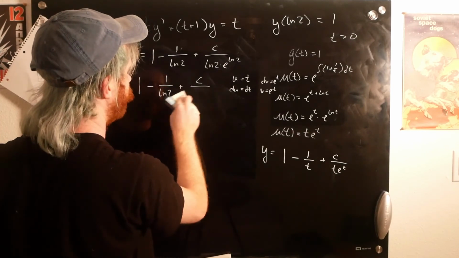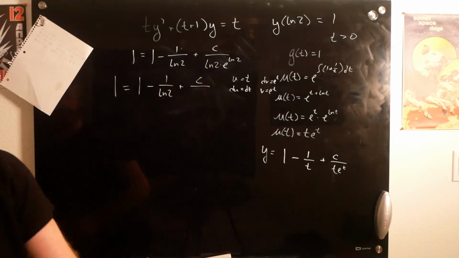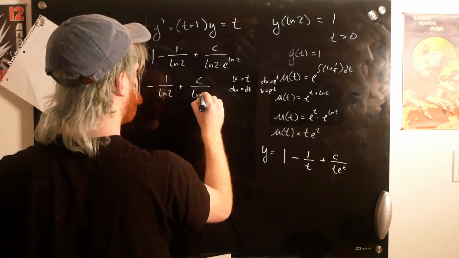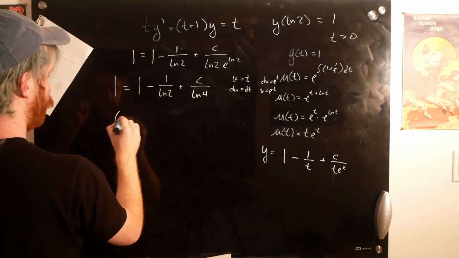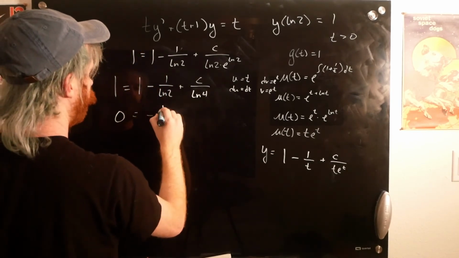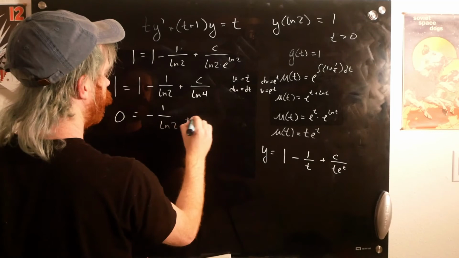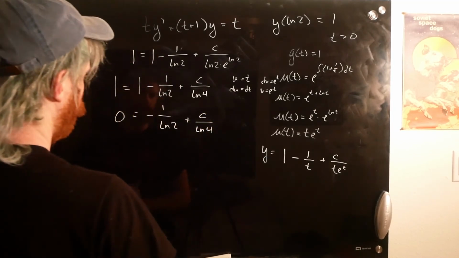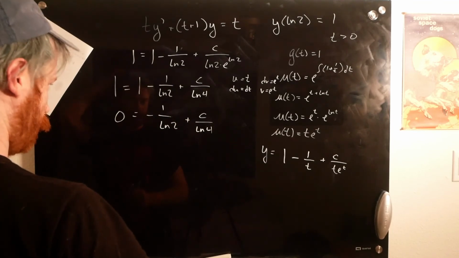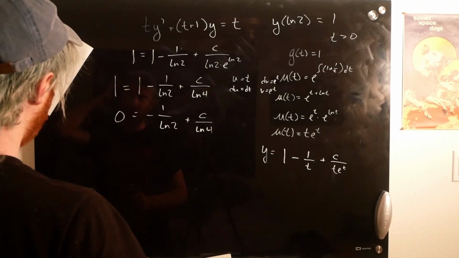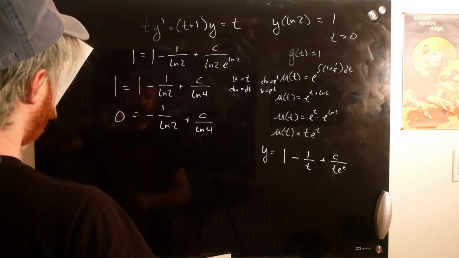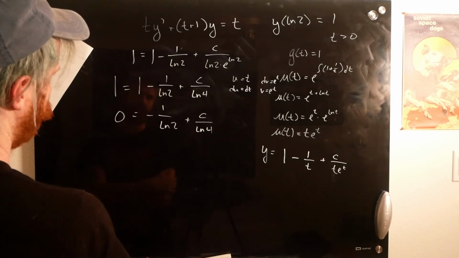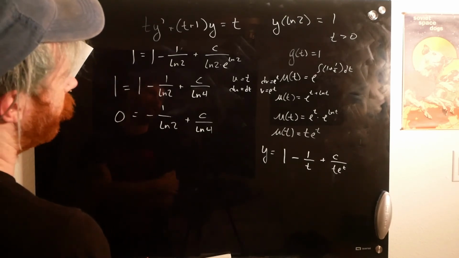Basically these ones are going to cancel out, right? So we're going to have 0 equals negative 1 over the natural log of 2 plus c over the natural log of 4. I might have messed up somewhere, let me make sure.